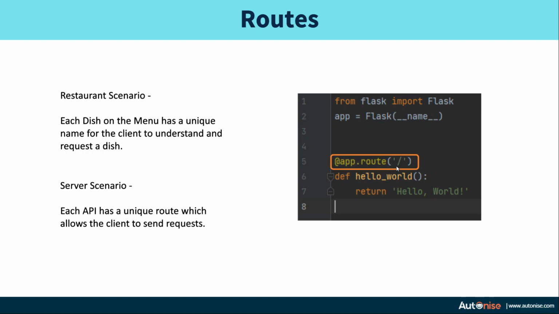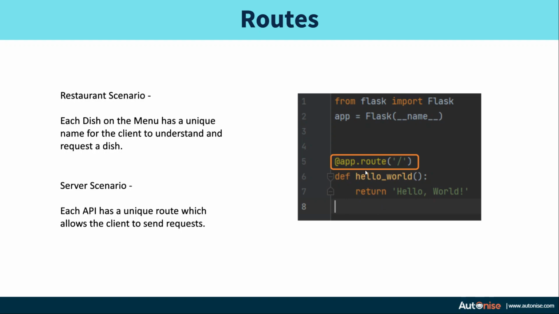and over here if we just provide a slash, it means this is the very base route. If you do not provide anything in your URL, let's say you type only 127.0.0.1:5000, then it will access this API. But let's say you want to access the API at your localhost 127.0.0.1:5000/users.